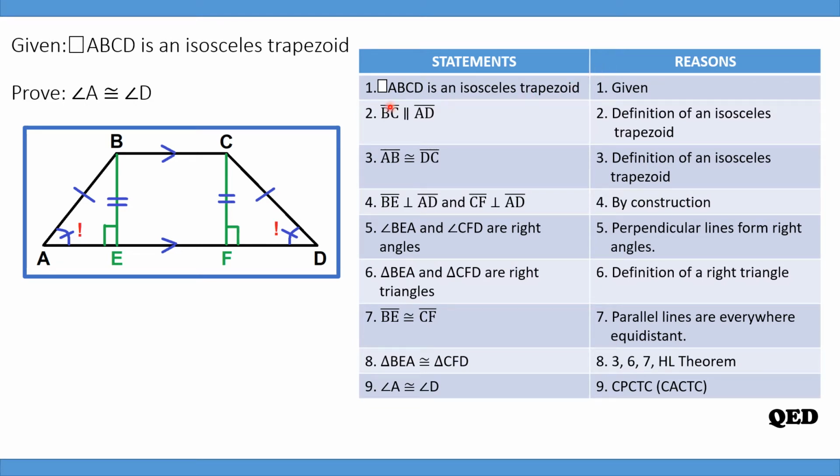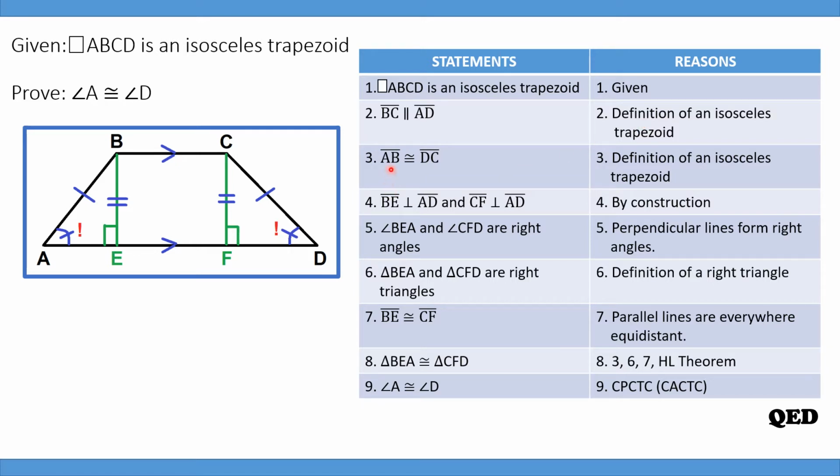So statement number 1, quadrilateral ABCD is an isosceles trapezoid. It was given. Number 2, line segment BC is parallel to line segment AD by the definition of an isosceles trapezoid.